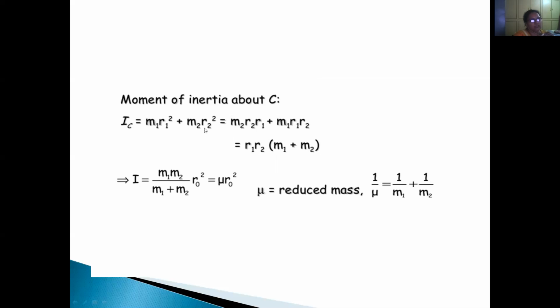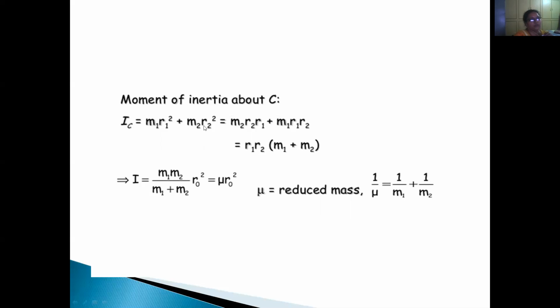Now, the moment of inertia about the center of mass is m1 r1 square plus m2 r2 square. Because m1 r1 is equal to m2 r2, we can write this as m2 r2 r1 plus m1 r1 r2.